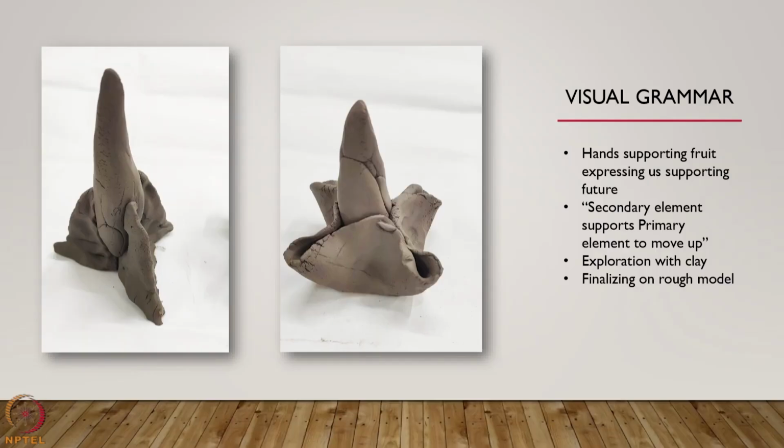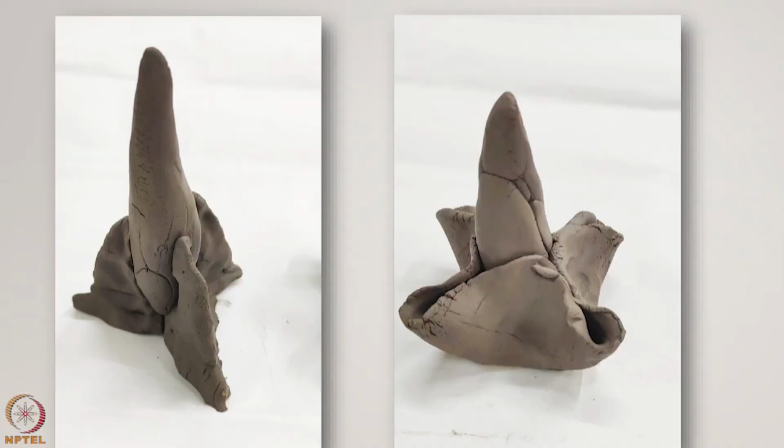The visual grammar was that we had a primary element in that image and a secondary element. What I chose was the better future, the fruit as a stable mass, as the primary element, and the holding hands as the secondary element, which is supporting the primary element. That was my statement for the abstraction of this form.